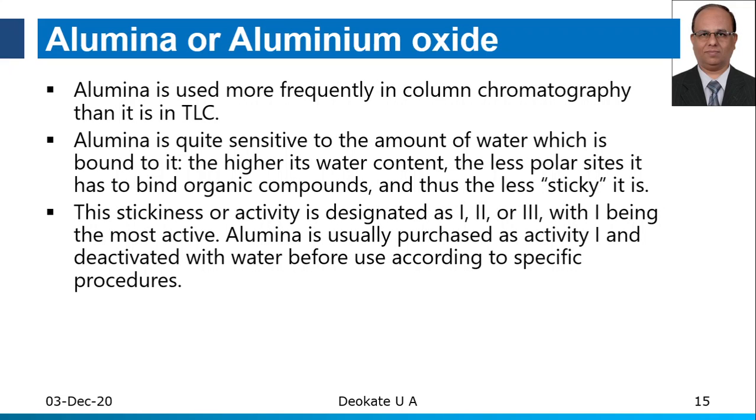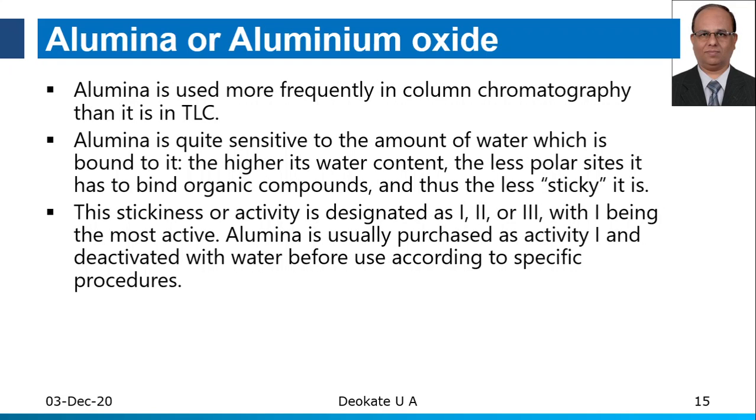The stickiness or activity is designated as alumina grade 1, 2, or 3, with 1 being the most active. Alumina is usually purchased at activity 1 and deactivated by addition of water according to specific procedures.